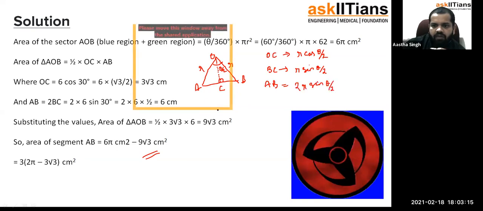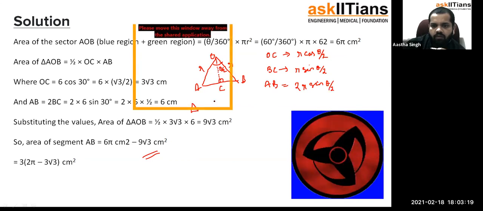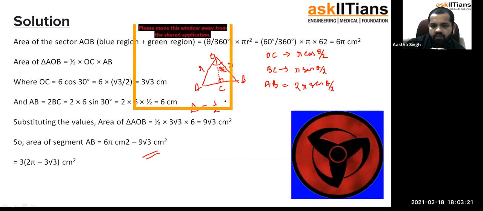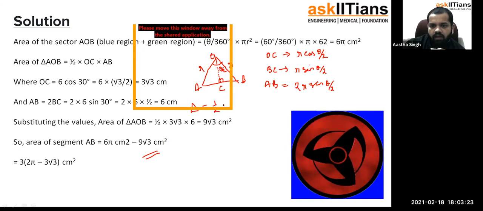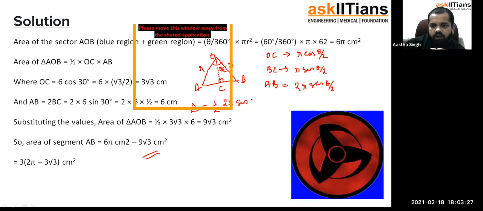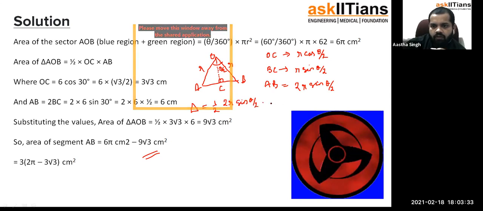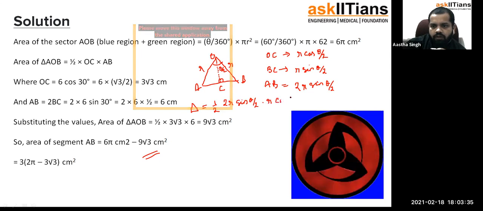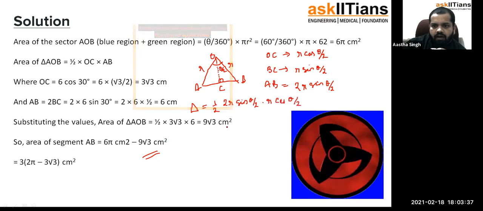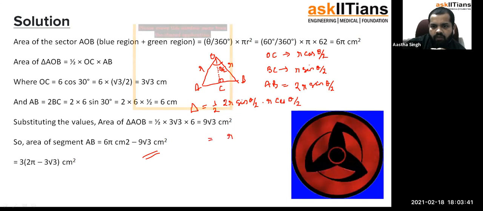Okay. So what is the area of triangle? Area of triangle will be equal to half base into height. What is base? Base is AB, 2R sin theta by 2, into height. Height is R cos theta by 2, right? R and R will become R square, and half is also there.